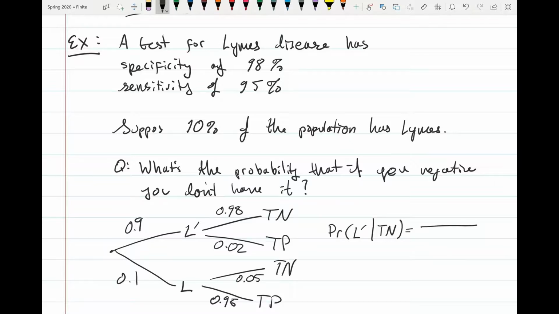It's the probability of testing negative and being a true negative divided by the probability of testing negative. Alright, so from here on out, you've seen many examples of this. You can finish this example on your own.